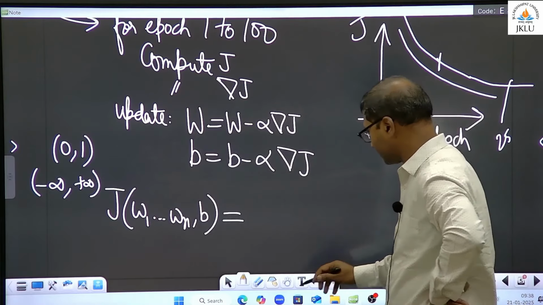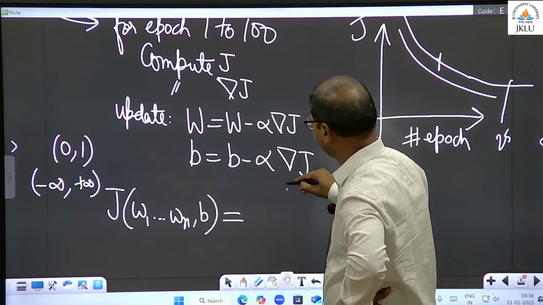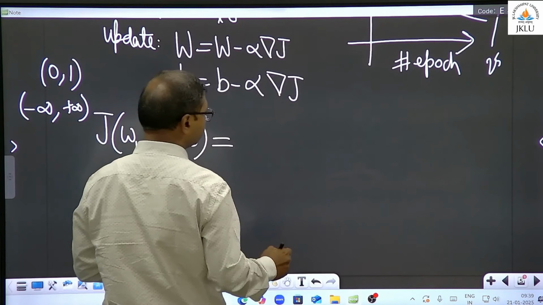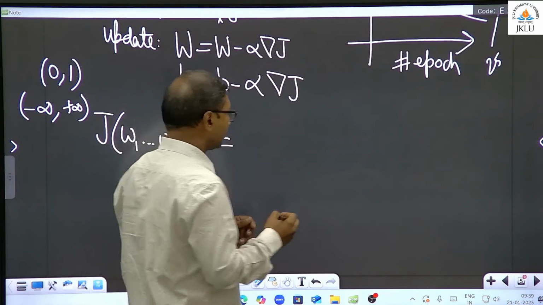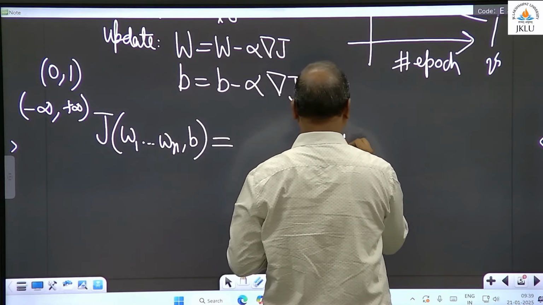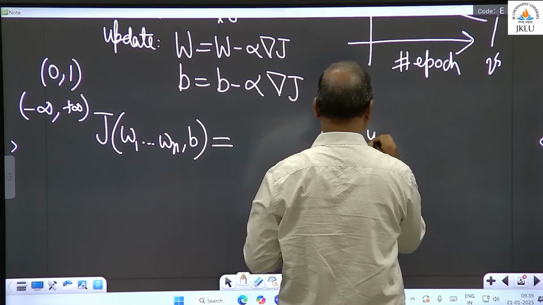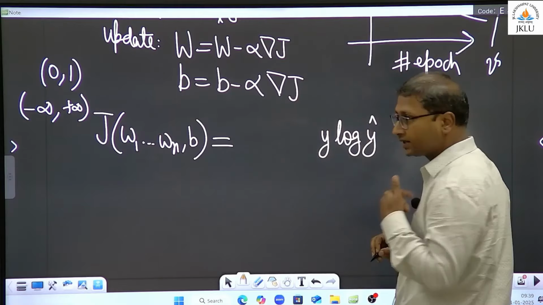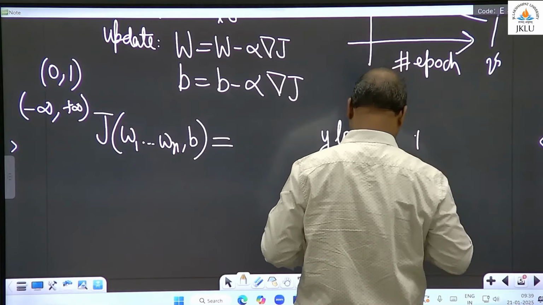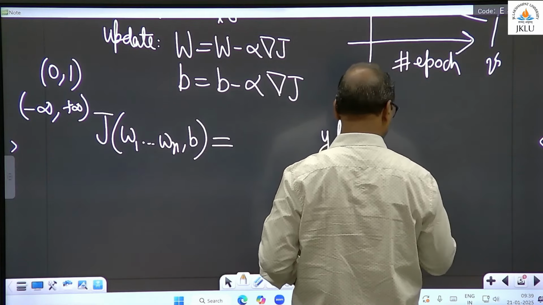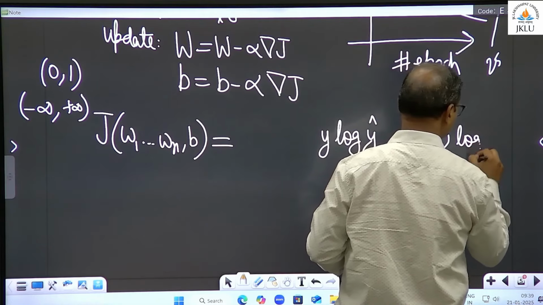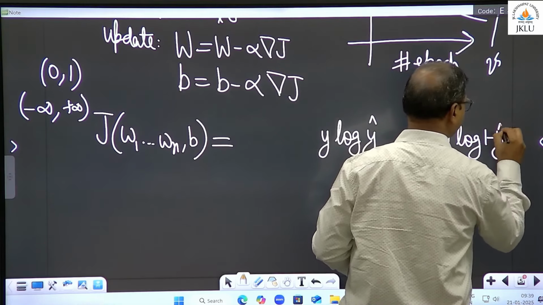What we use is, so help me write that equation. So you have things like y log y hat, and then the other term will look like 1 minus y, log of 1 minus y hat.